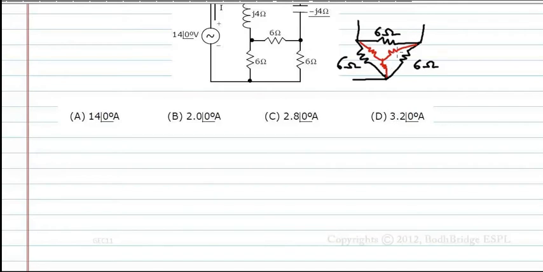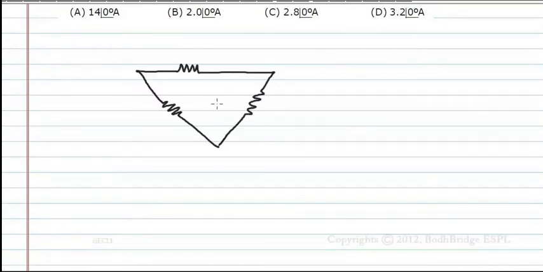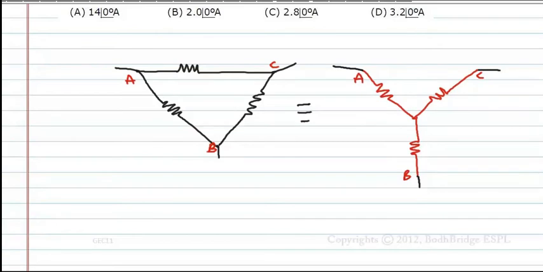We should find what R1, R2, R3 are. For that, there are some formulas. Whenever you have a delta transformation, that can be represented with a Y transformation. I am drawing the equivalent. Let us say the resistance values are R1, R2, R3.